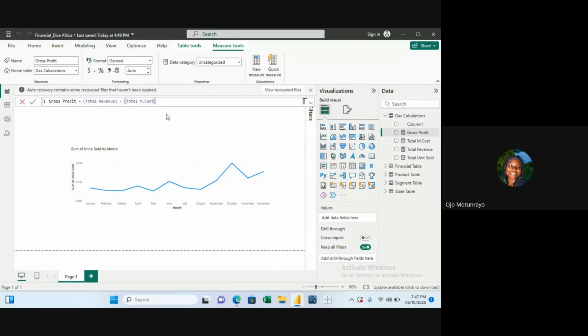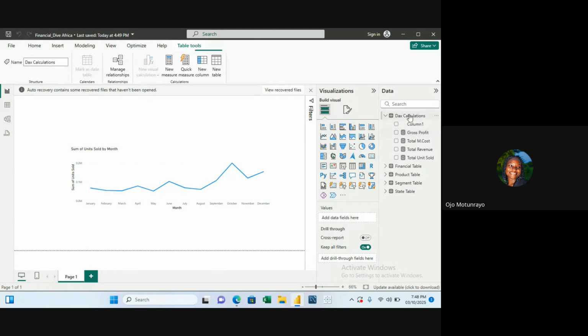Let's click on enter. Now we have our gross profit, because this is financial data from the financial table. All these are criteria, and they are necessary. Another measure we have to look at again is our average sales price.